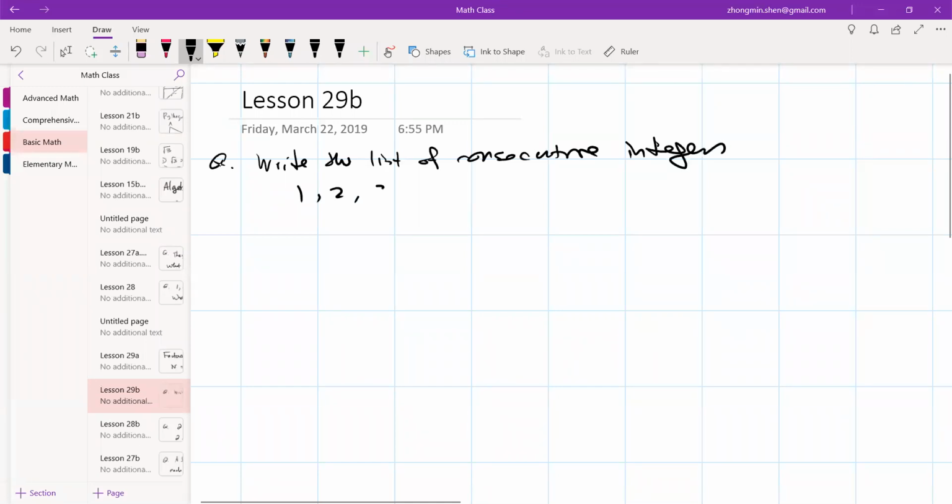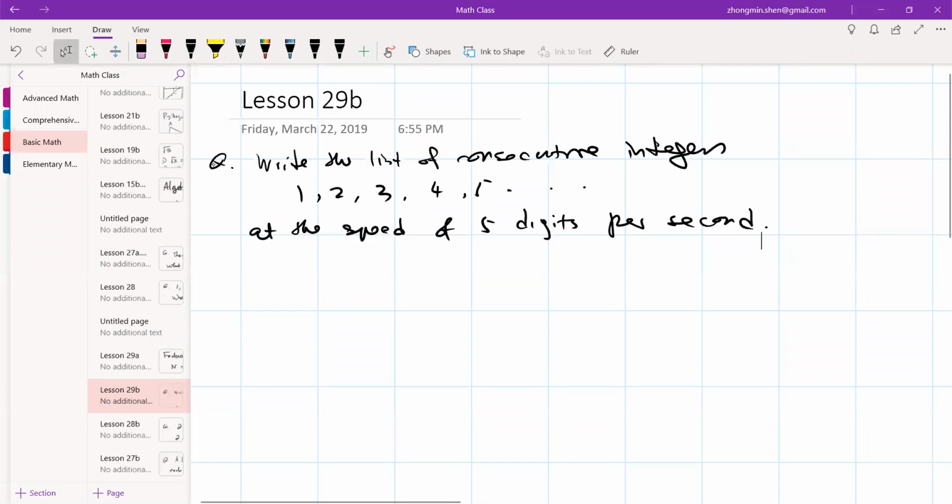Okay, 1, 2, 3, 4, 5, and keep it going. Okay, and the speed is at the speed of 5 digits per second. Now for the problem context, of course, they're going to ask you to find the sum of the last 2 digits to write down.